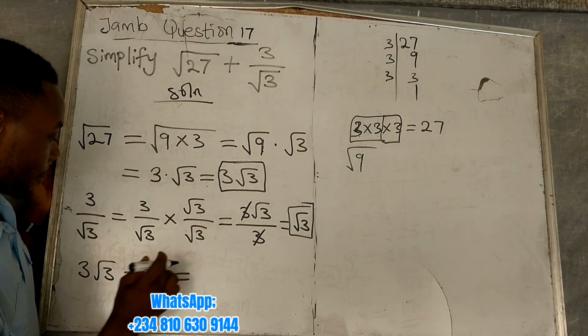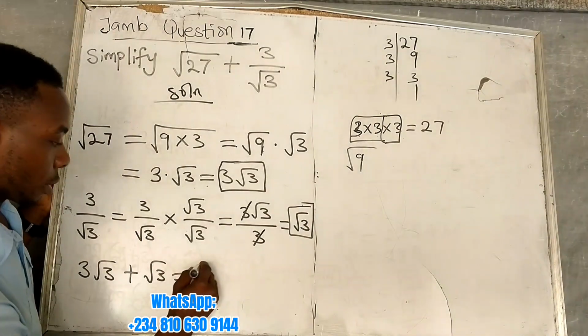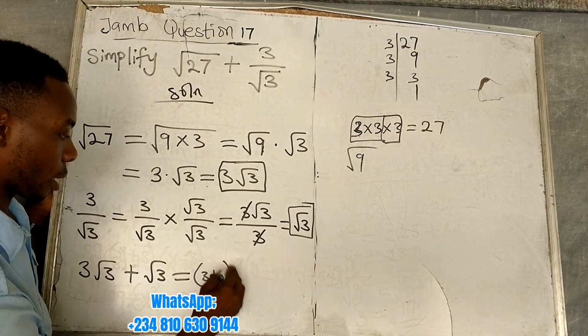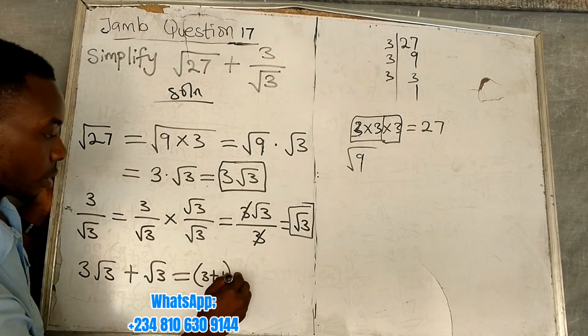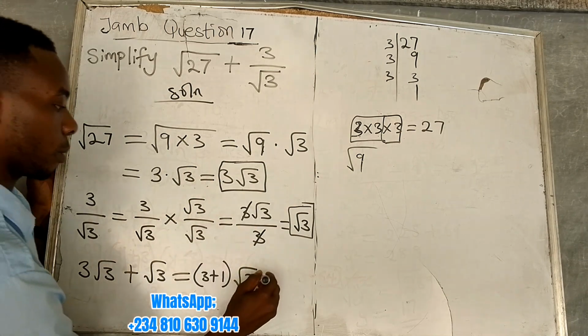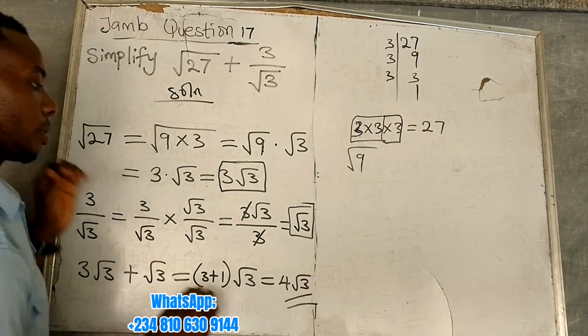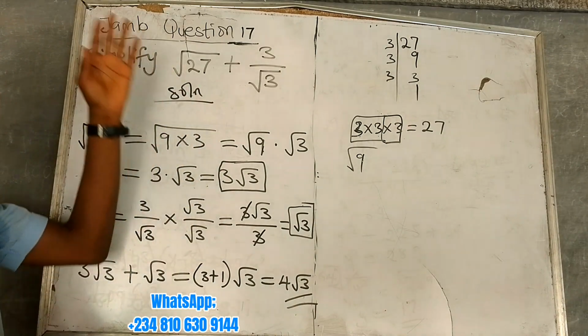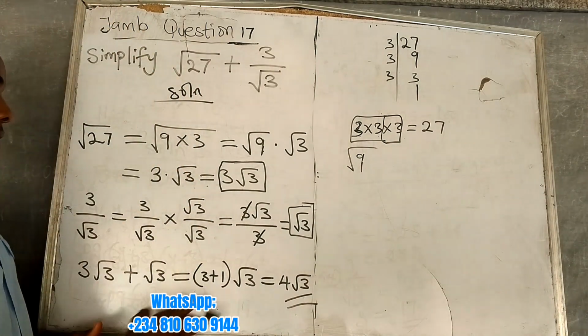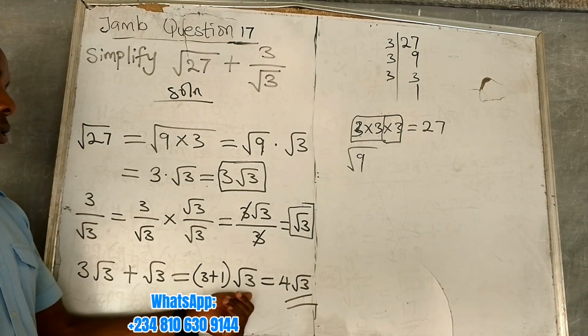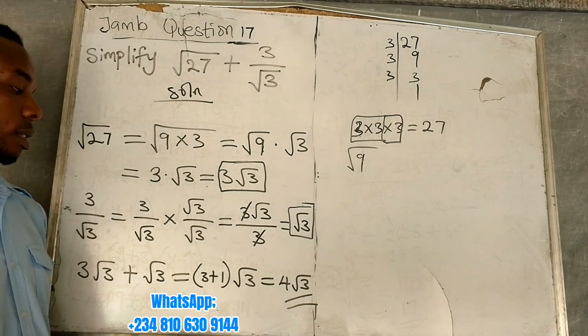You add them. That's 3 plus 1, because both of them are root 3. Let's put the root 3. It is equal to 4 root 3, which is the final answer. Very simple. 3 plus 1 is 4.